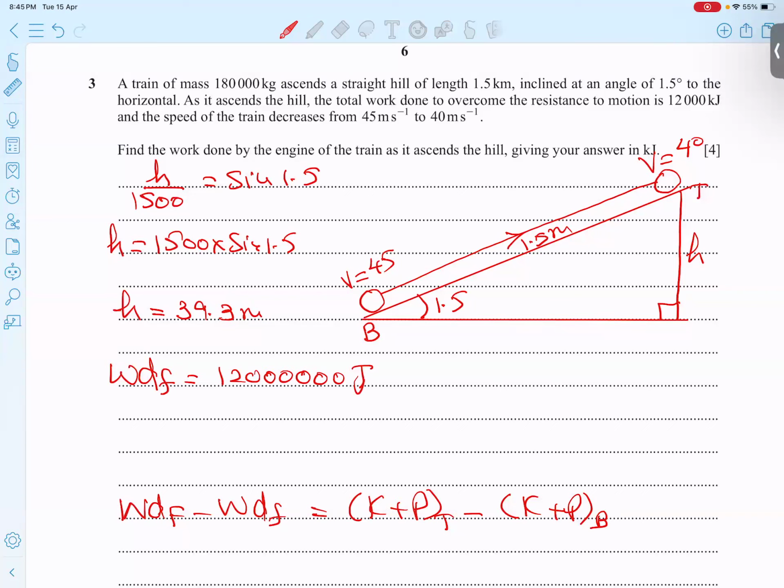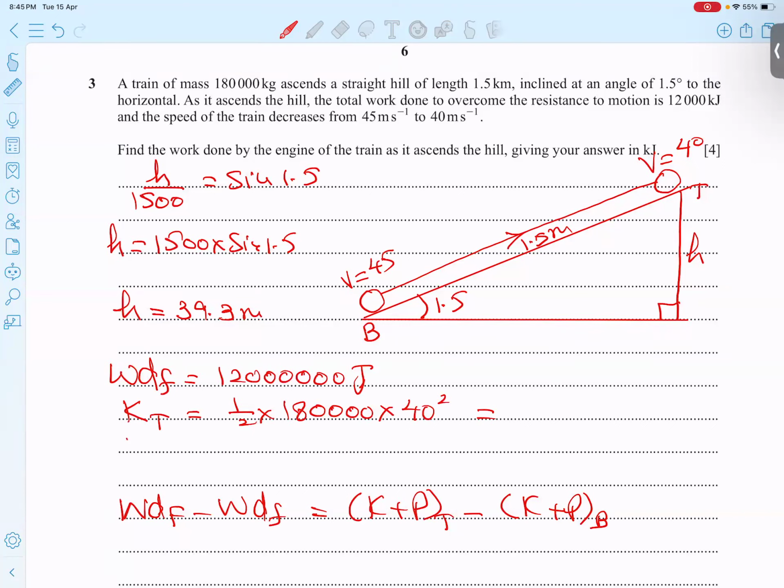This is done. Now kinetic energy at the top, T, is half m v squared, with m being 18 and 4 zeros, and v is 40, so 40 squared.